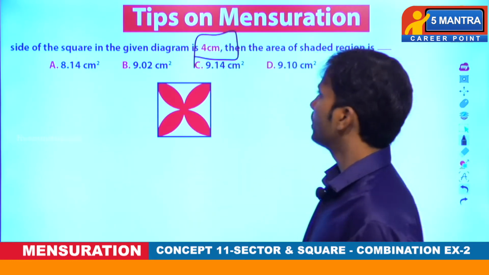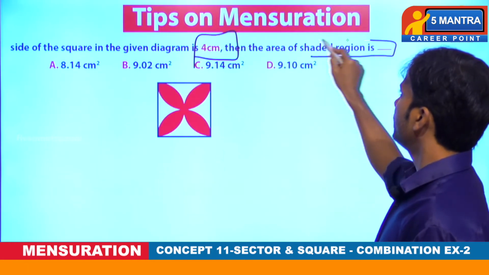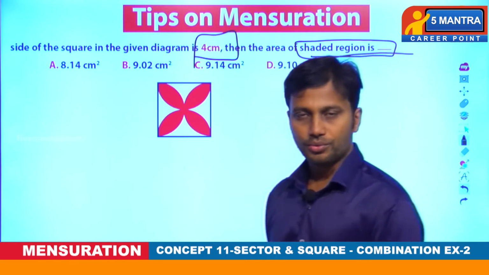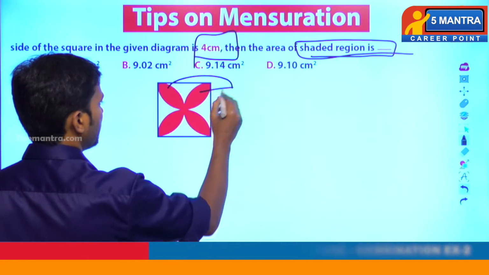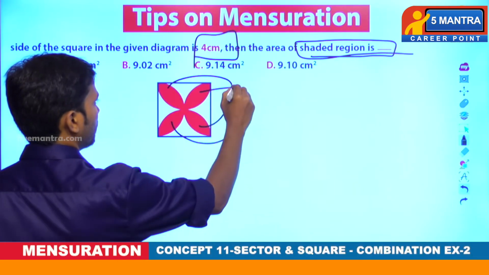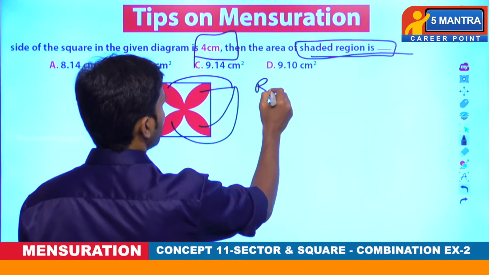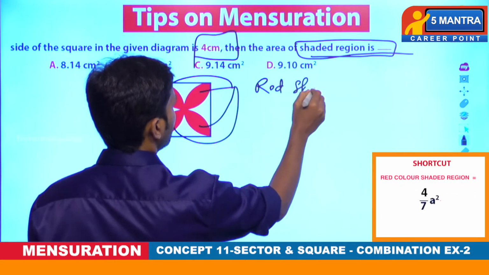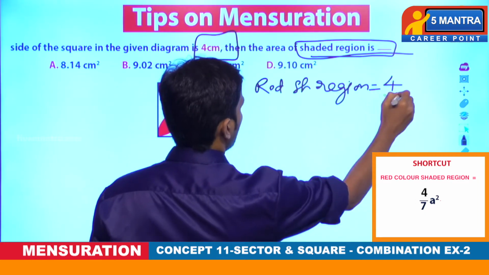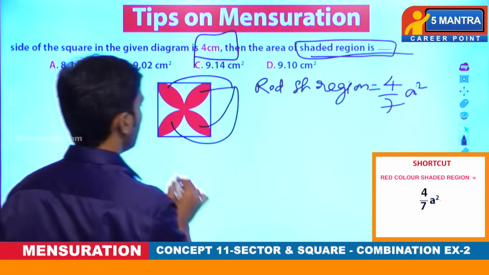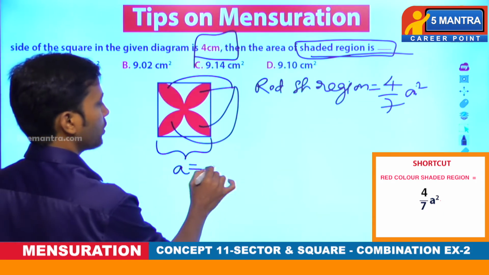Then the area of the shaded region, this red colored portion, the red shaded region, is what I told you: 4 by 7 A square, where A is the side, and the value of the side is given as 4 centimeters.